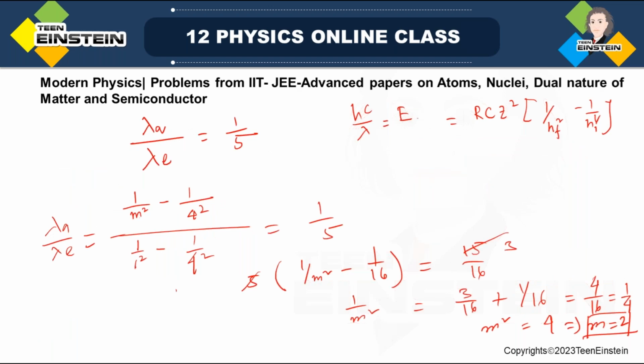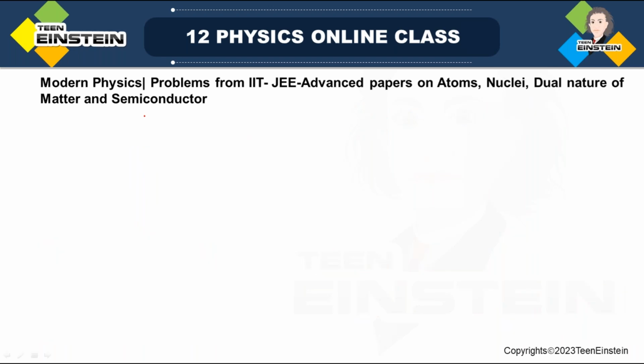So now if we put the value of m, then finding this lambda e will not be very difficult. So we have got m is equal to 2.